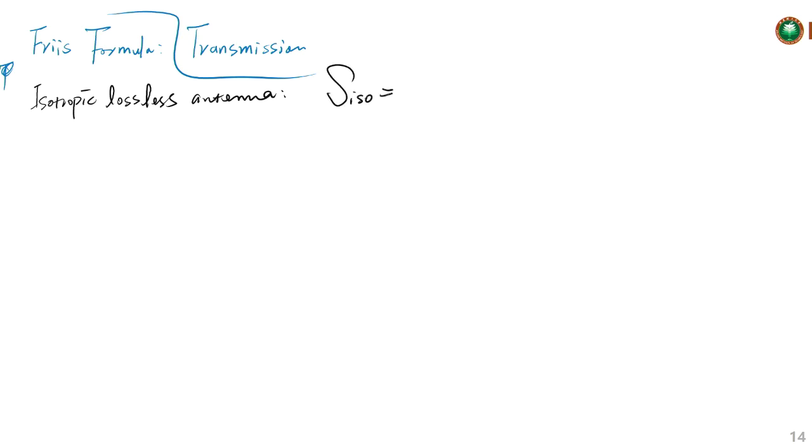So the power density equals how much? Isotropic means it covers a sphere, right? So the transmitted power divided by 4 pi r squared. This is on the transmitter side.